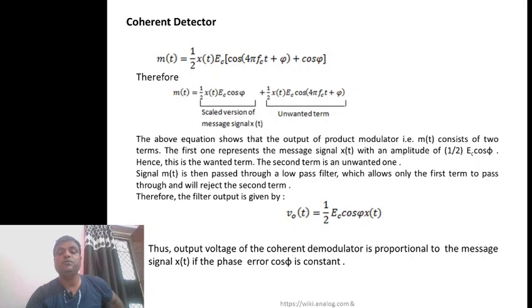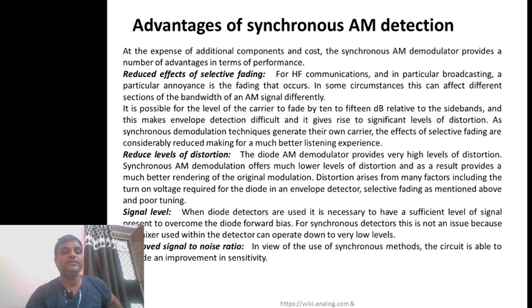Thus the output of the coherent demodulation is proportional to the message signal if the phase error cos phi is constant. The only distortion introduced in the system arises if the generated carrier does not have the same frequency and phase. If there is any deviation in the frequency and phase of the generated carrier at the receiver, it introduces error. So that is all about coherent detection.